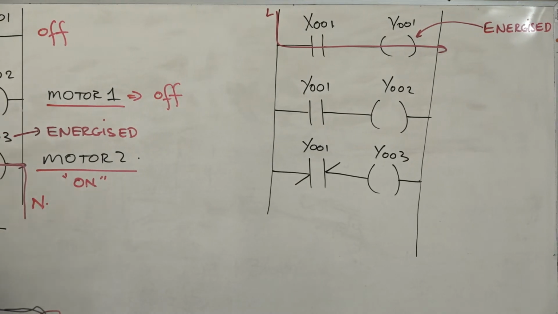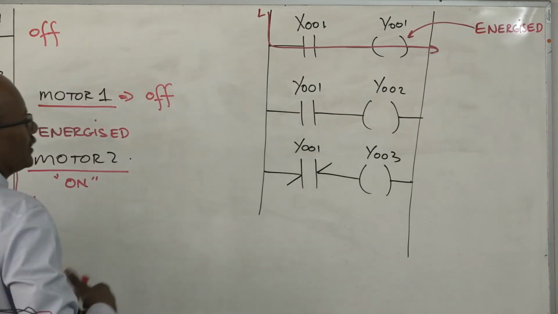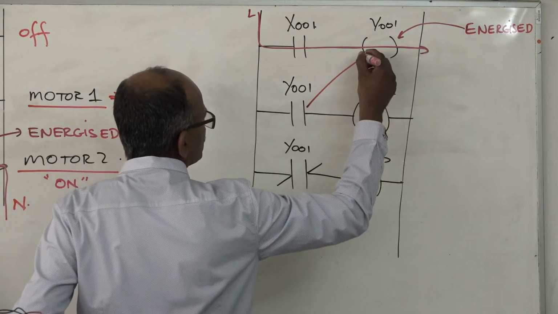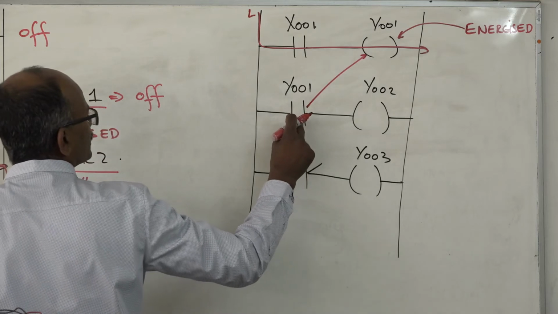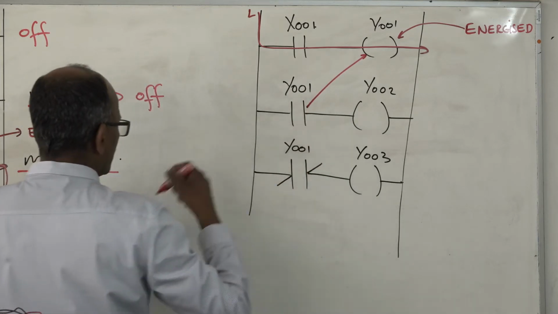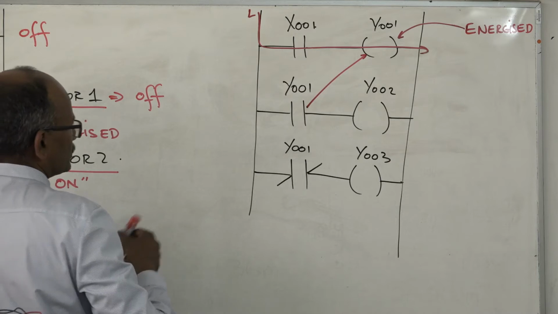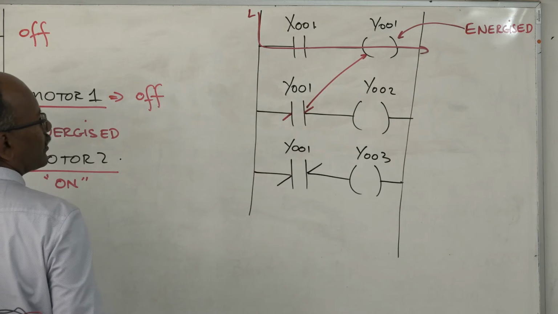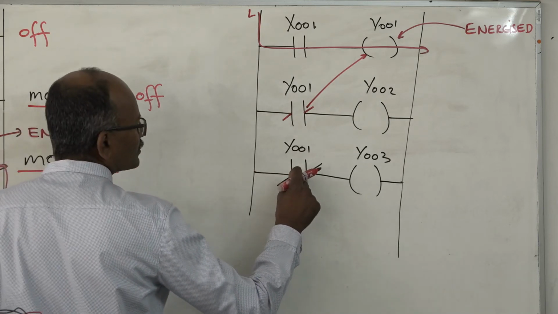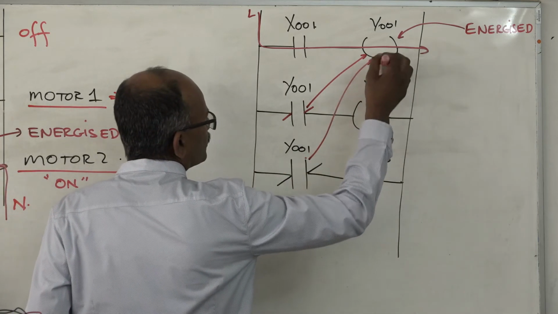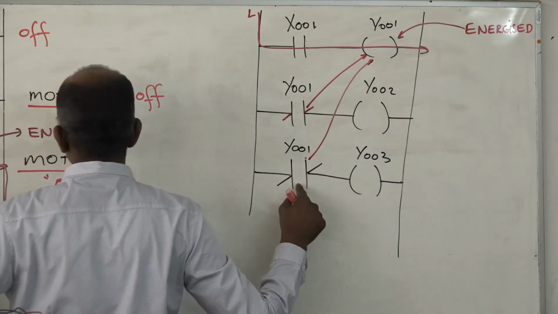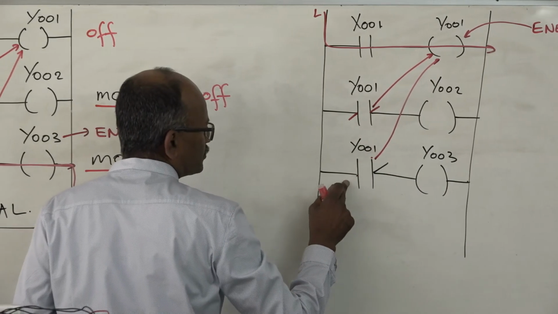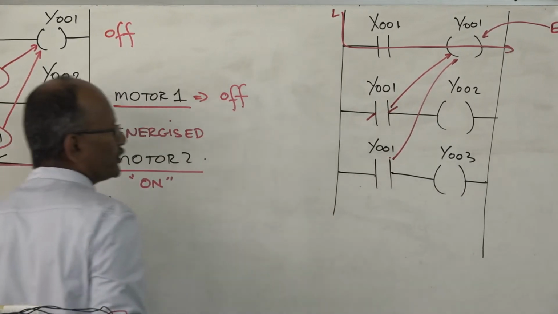So what would happen now? Remember, in its normal state, the switch associated with Y001 was open. Now it's going to close and become normally closed. This switch, which was associated with Y001, was normally closed, and now that Y001 is open, this becomes a normally open switch.